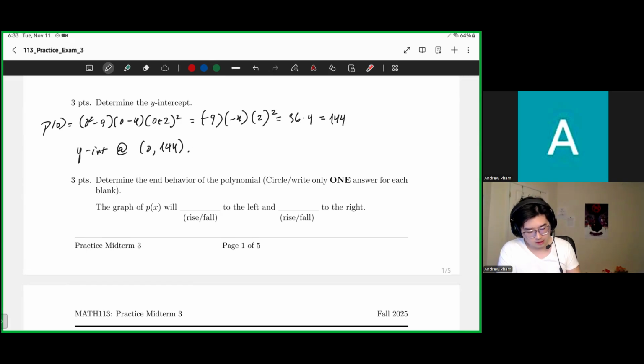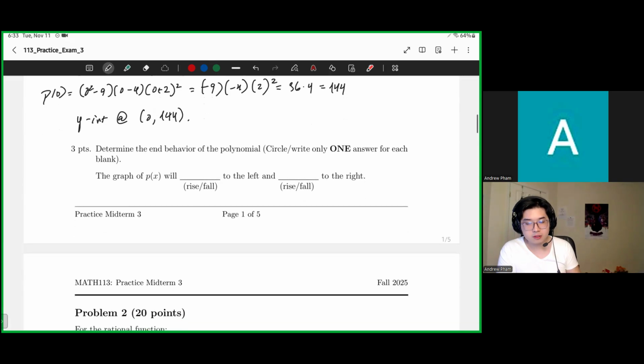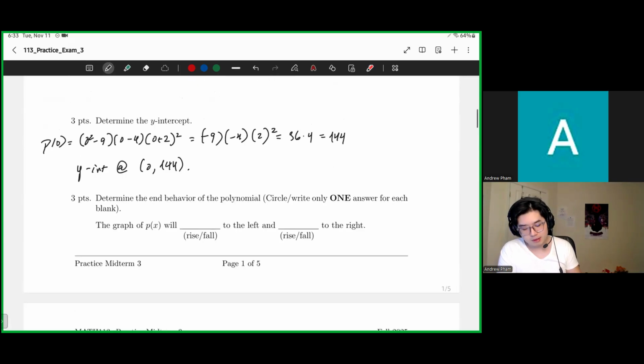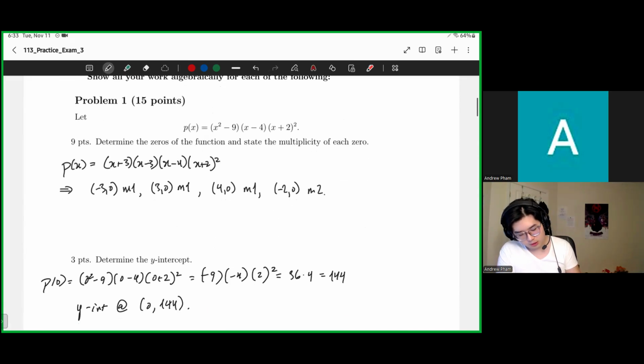Okay. And for the third question for this problem, I would like to determine the end behavior. And remember, end behavior deals with the leading term. So let's try to find that. Remember, you can find the leading term pretty easily by taking the leading terms of each factor and then multiplying them together. So your leading term here will be the product: x squared, that's the leading term here, times x, leading term here, times x squared, right?